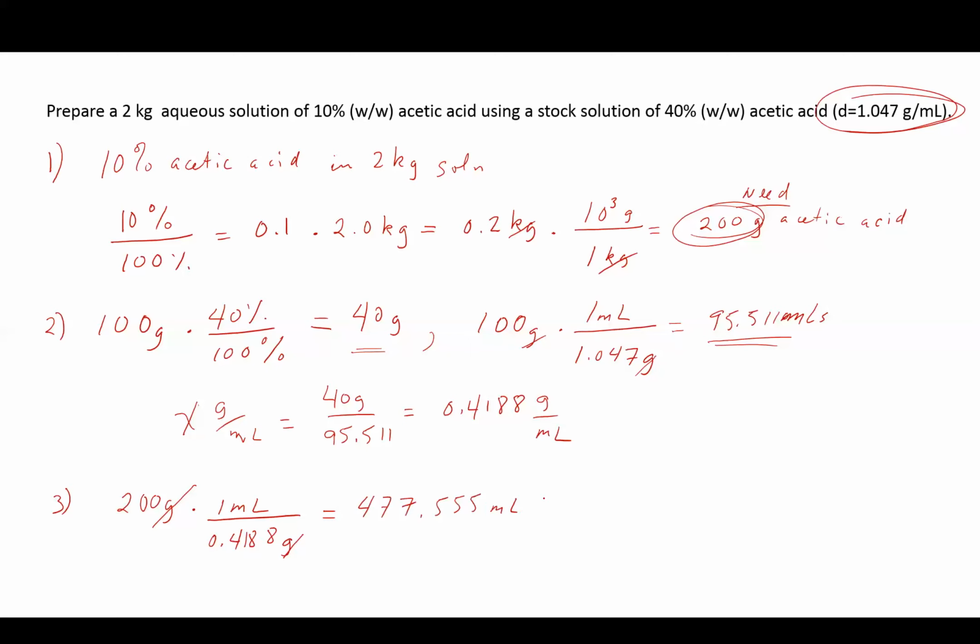Then we want to convert that into grams. How do we convert this back into mass? We use our density again, except here we multiply by our density, 1.047 grams per mil, and we wind up with basically 500 grams of the 40% solution.